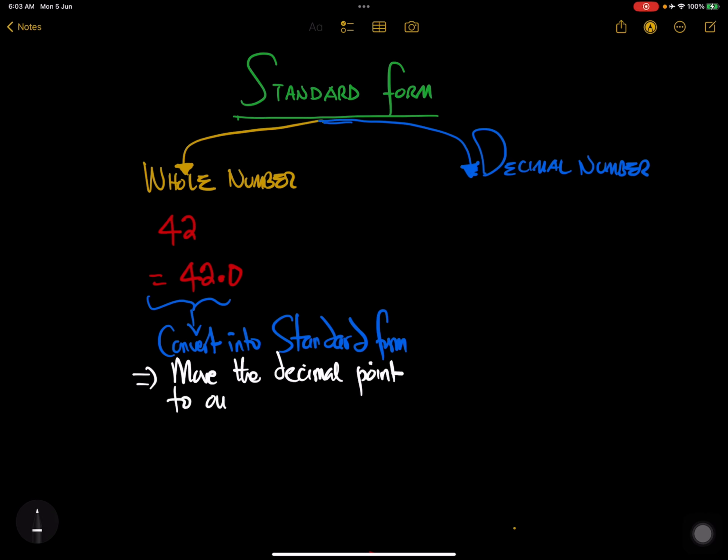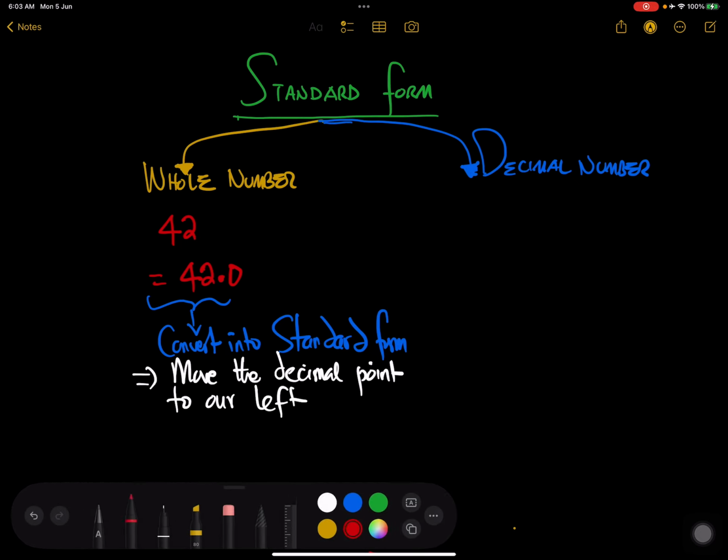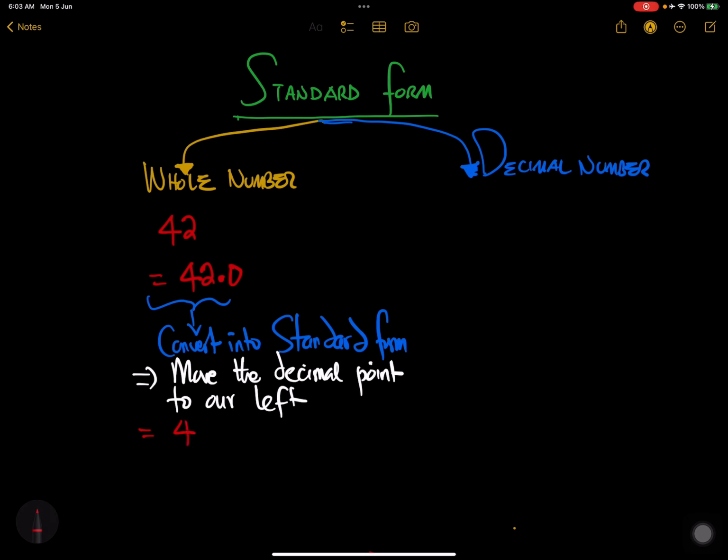So far we have 42.0. We are saying that 42.0 should be moved to our left. So it's going to be 1, 2, and that gives us 0.42.